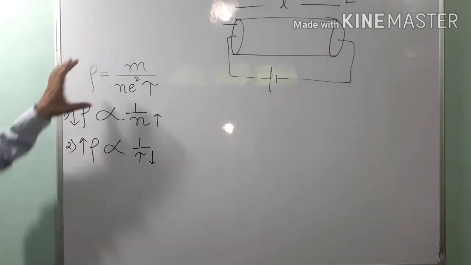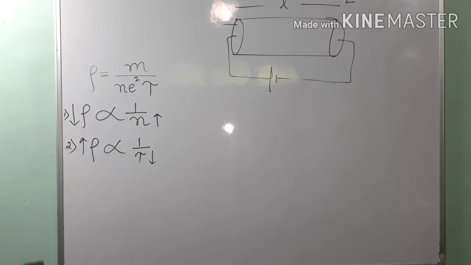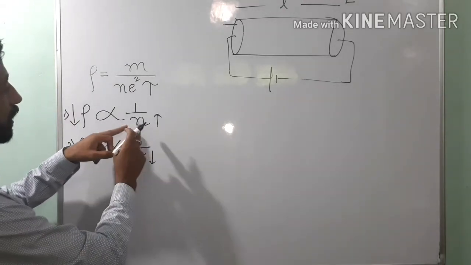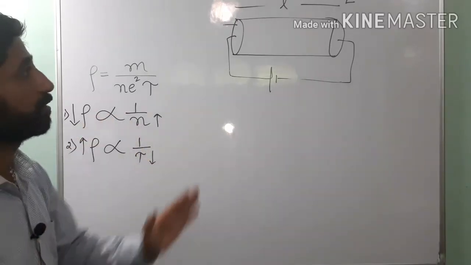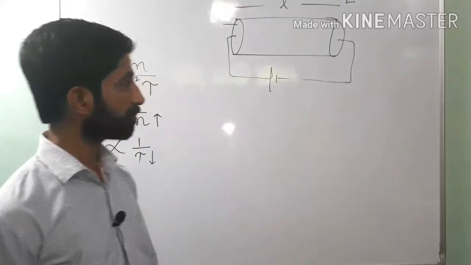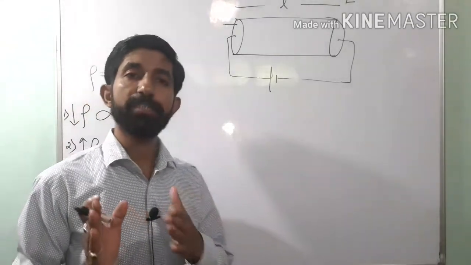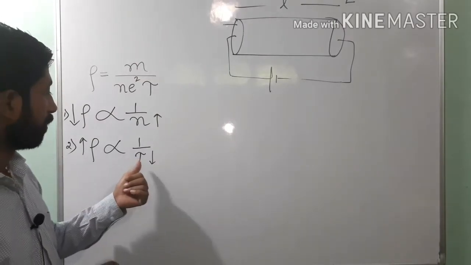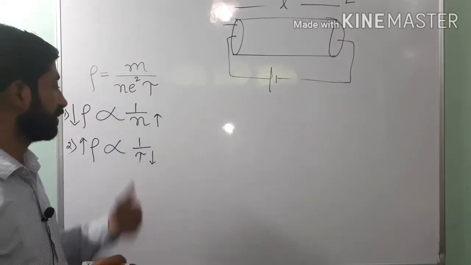So these are very obvious relations between the two factors, and now we are going to discuss how generally the value of n remains constant for most of the conductors in a certain range of temperature. So the only thing that is changing is the relaxation time.